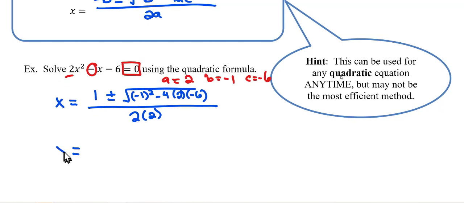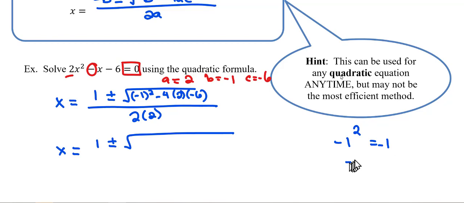Let's simplify that a little bit. So x equals 1 plus or minus the square root of, be very careful here. If you put negative 1 squared in your calculator, it is going to give you negative 1. That is not what we want here. We want to square the negative number, which is positive 1.